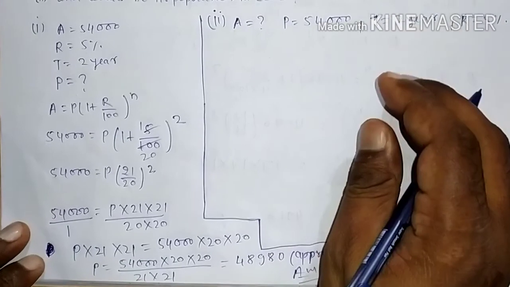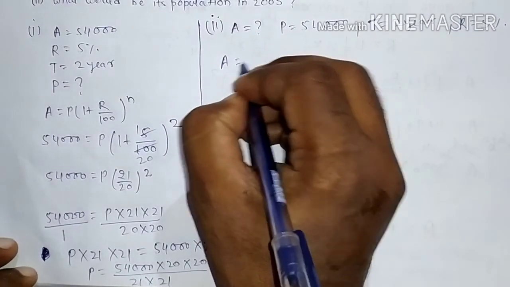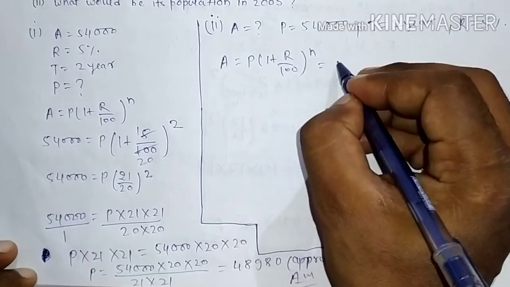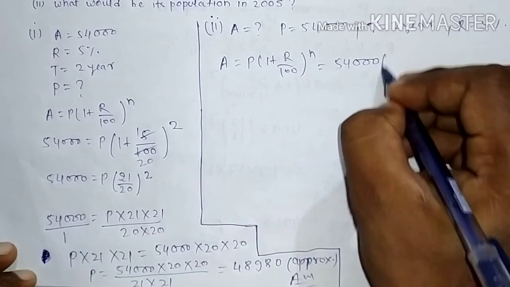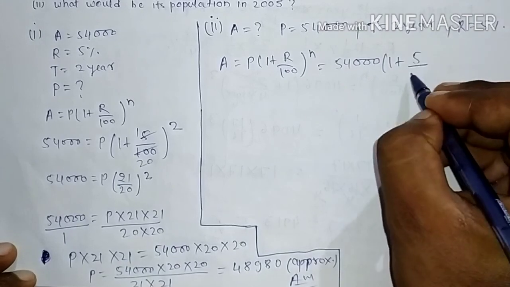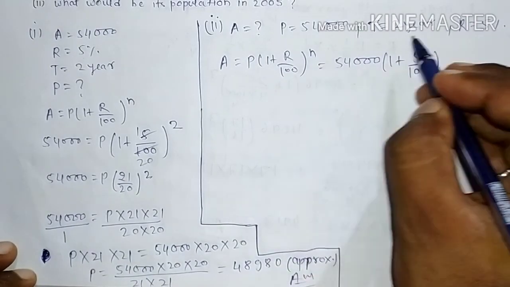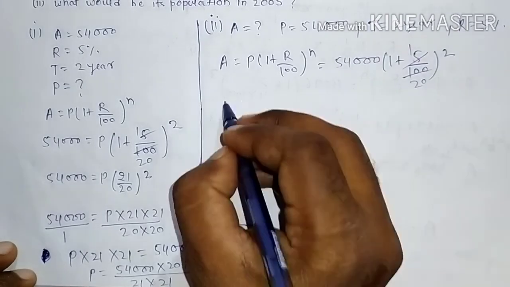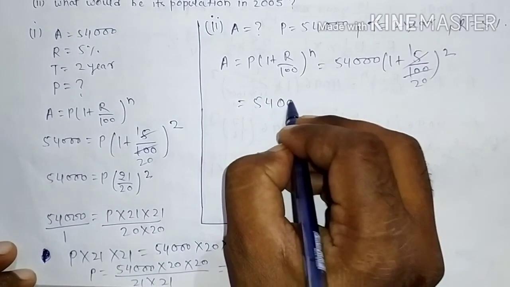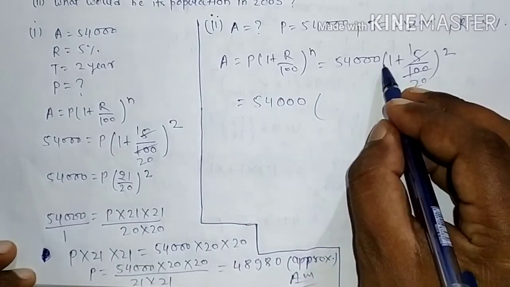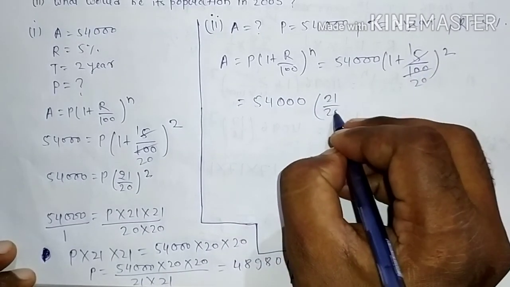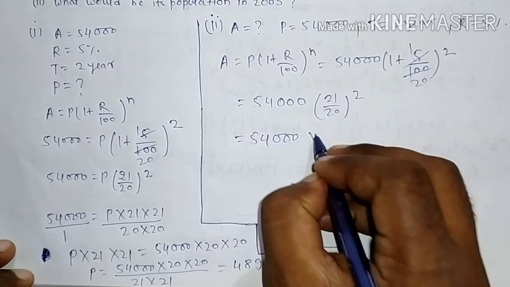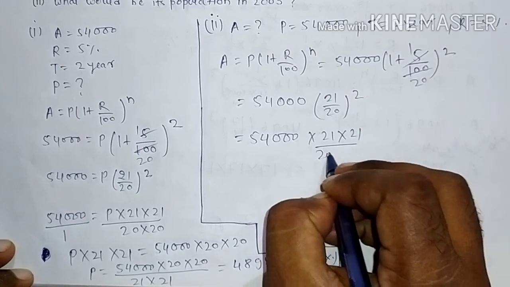Now just find the value, that is amount equals to P(1 plus R upon 100) to the power n. So P is given here 54,000, 1 plus R is given 5% upon 100, to the power n. N is time, so time is 2 years. So just simplify it, cancel out, 5 20s are 100, 20. So it will become 54,000 into 20 plus 1, that is 21 upon 20, to the power whole square. Now 54,000 into 21 into 21 upon 20 into 20.